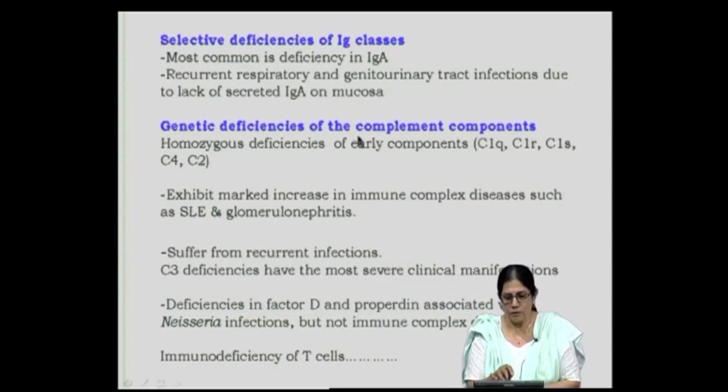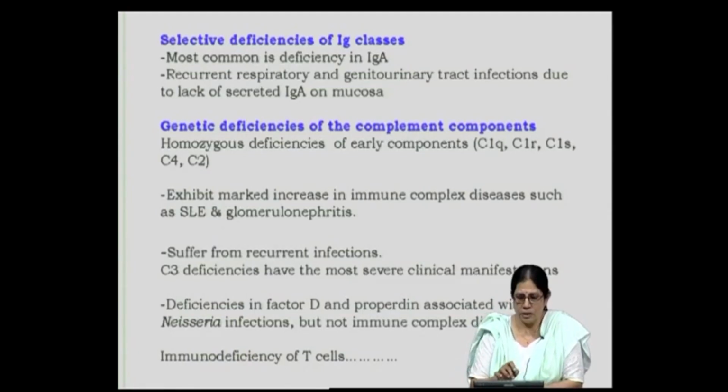Genetic deficiencies of the complement components, I have also mentioned to you earlier when I taught you the complement cascade, that there are homozygous deficiencies of early components of the classical pathway known as C1q, C1r, C1s, C4, C2. Now, lack of any one of these or mutations in any one of these definitely would lead to abrogation of the classical complement pathway.